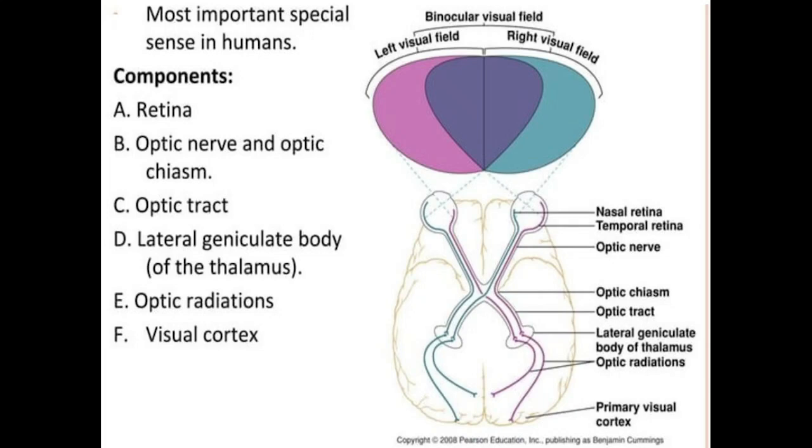These structures process the information and contribute to our perception of visual stimuli such as colors, shapes, and movements. Overall, the visual pathway is a complex system that allows us to see and interpret the world around us.